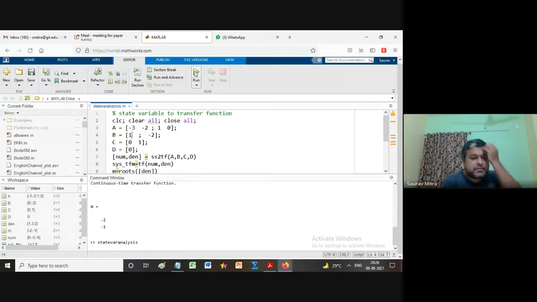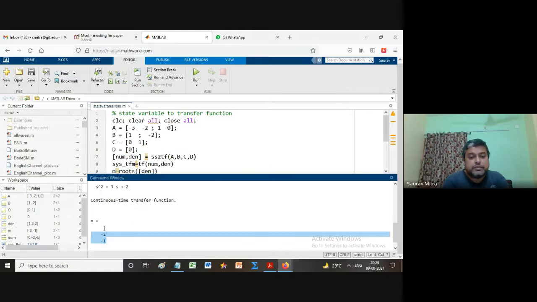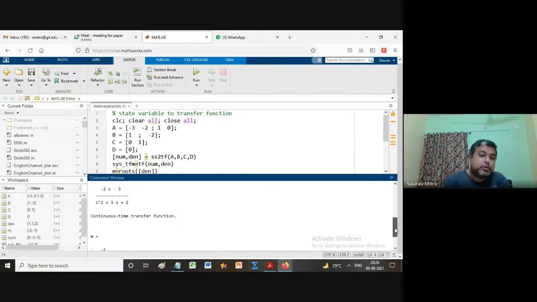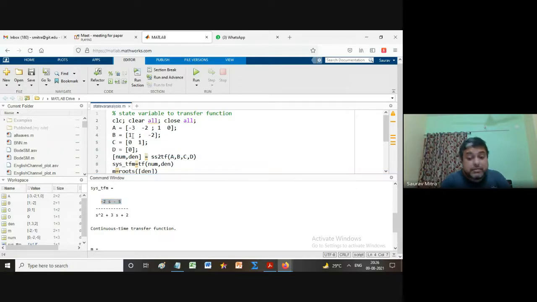Changing the B matrix will not change the characteristic equation or the eigenvalues. These are the eigenvalues, also called the poles of the system. Changing the B matrix is reflected in the numerator. The transfer function will change, but the characteristic equation will not.